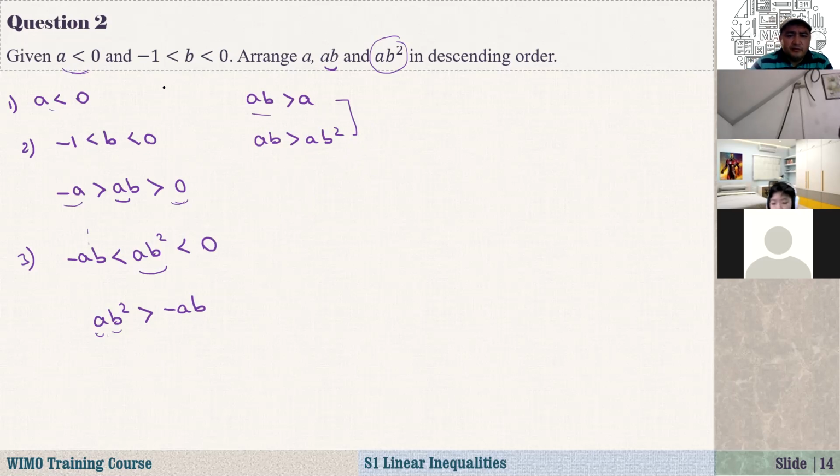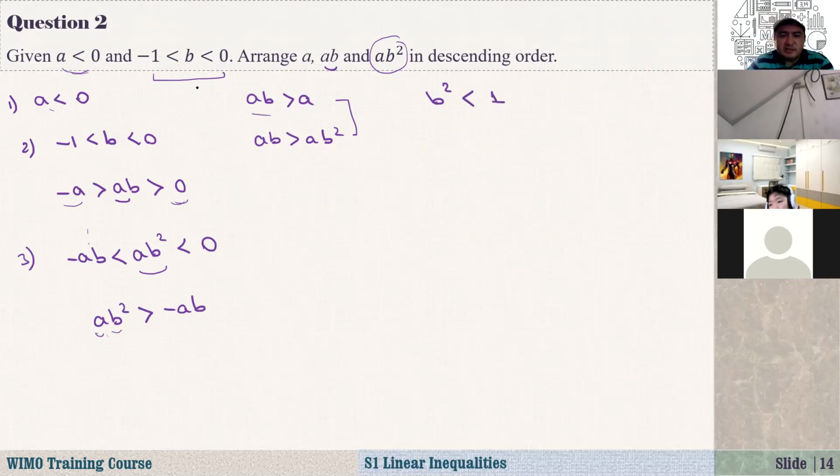So guys, here we know that B squared is less than 1.